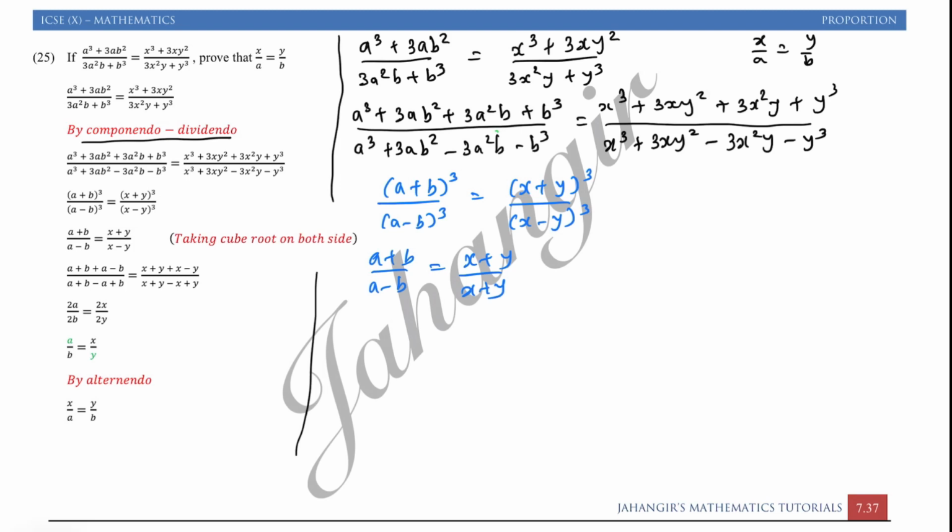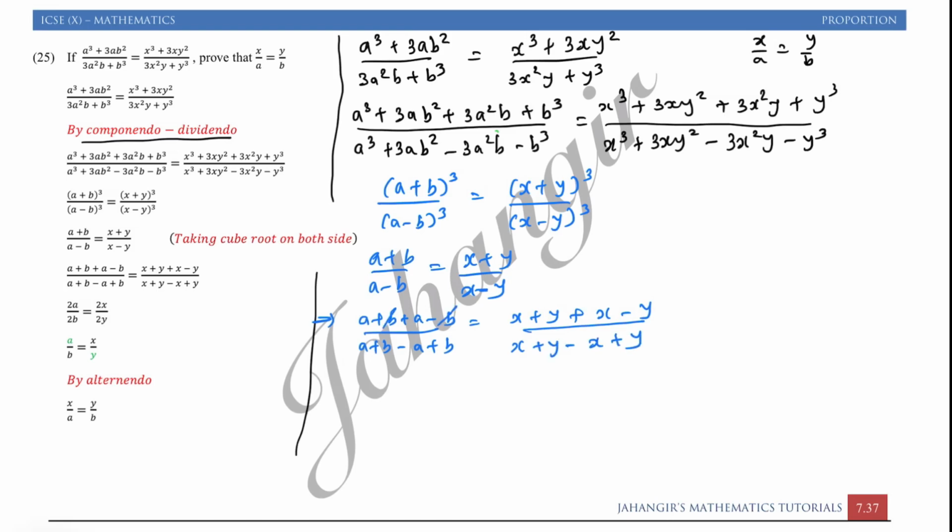Now again we have the same terms in numerator and denominator, so taking componendo dividendo, (a plus b plus a minus b) upon (a plus b minus a plus b) is equal to (x plus y plus x minus y) upon (x plus y minus x plus y).